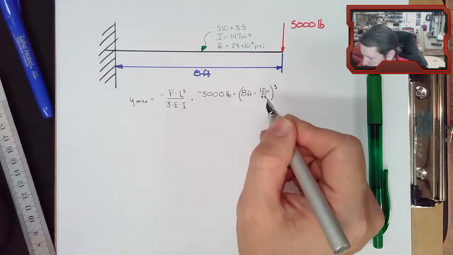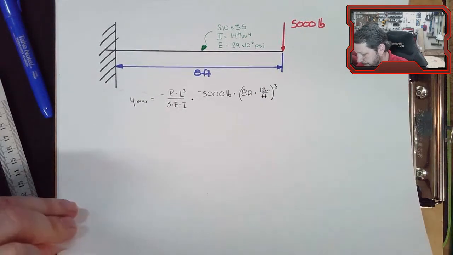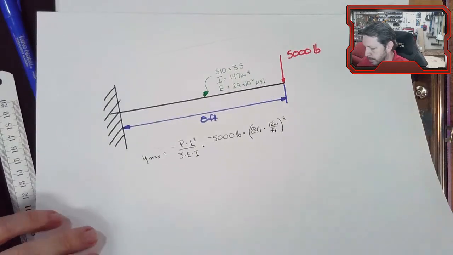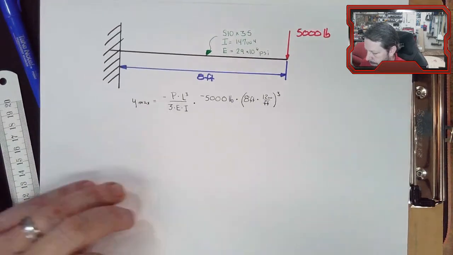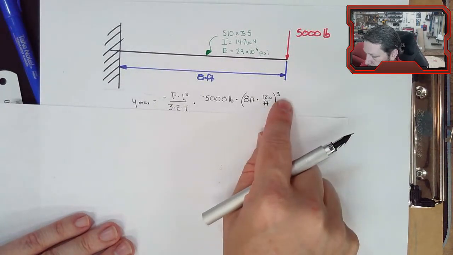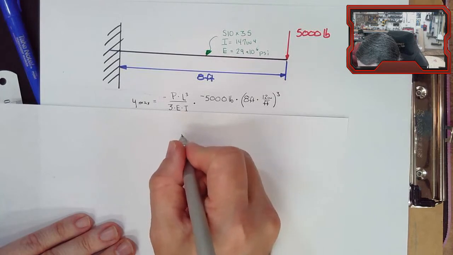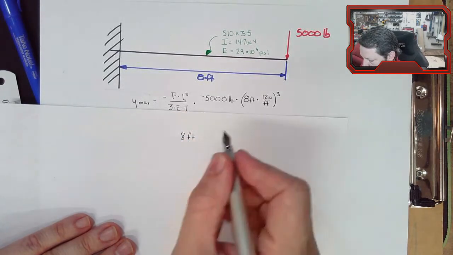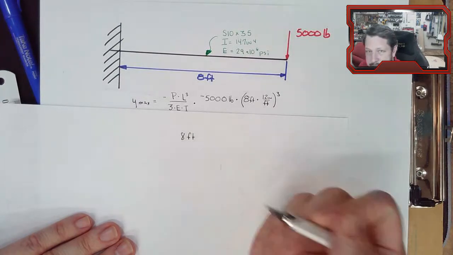This is an important point to make, and I'm going to make it on another sheet of paper so that we don't have to look at it all the time. But when we're converting units that have to be raised to a power, so we have 8 feet, and it has to be cubed, but we want it in inches.